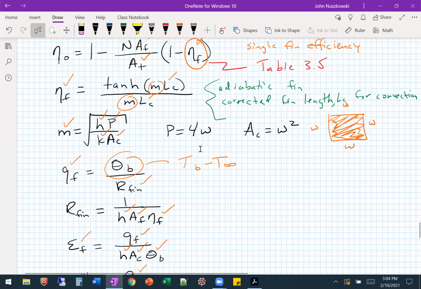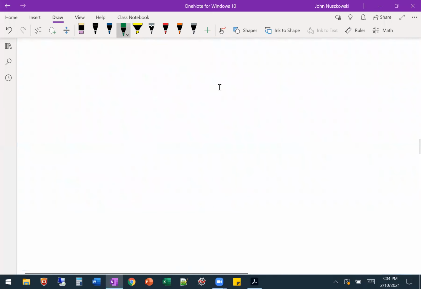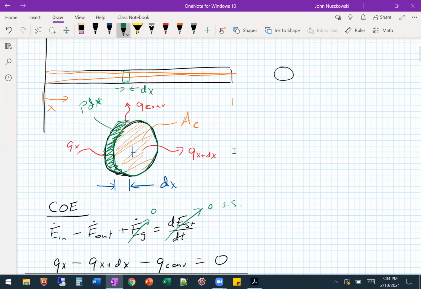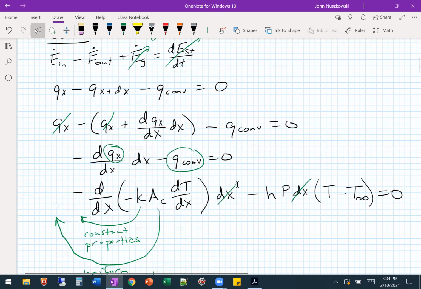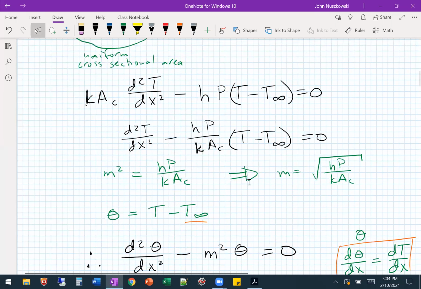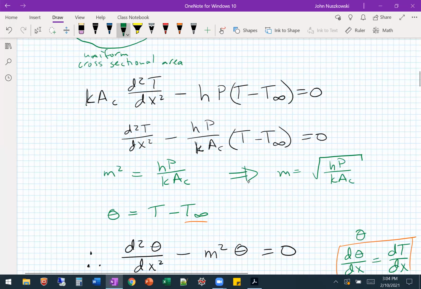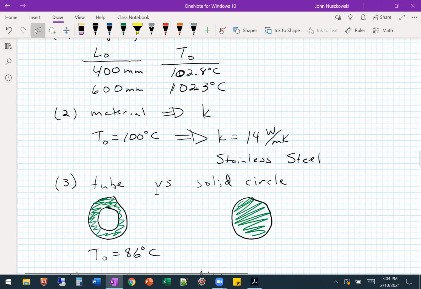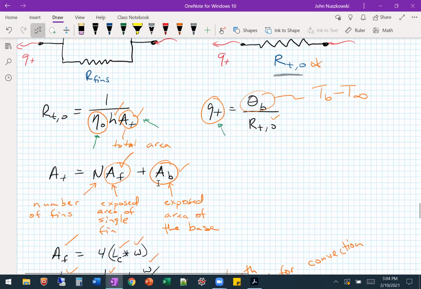Then the parameter M comes from the fin equation, way back when we derived the fin equation off of that little sliver along a fin with the conduction-convection going on. When we derived it, we had that parameter, and that's where it comes from, that combined conduction-convection. That's the parameter M. Let's get back down here.